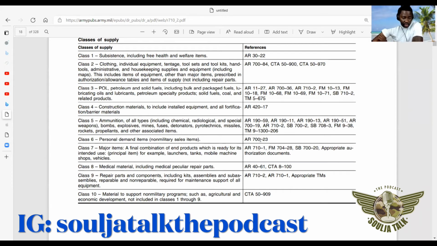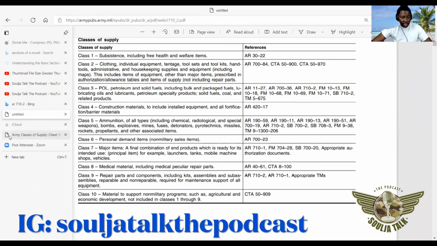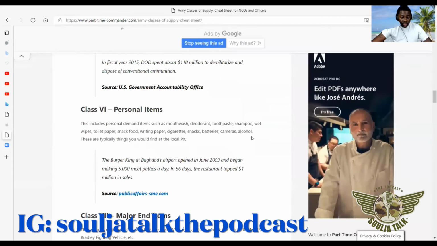So class 8 is medical materials, including medical peculiar repair parts. A lot of medical stuff is going to be in class 8. Like, I did an interview with an officer. She was a medical logistics officer, and that's most of the stuff she dealt with, class 8, because I'm in the medical brigade right now.